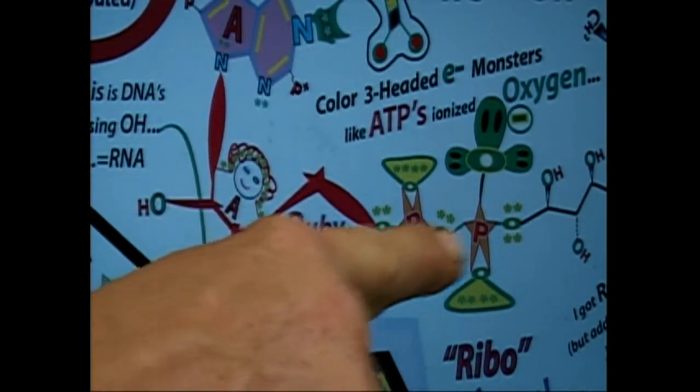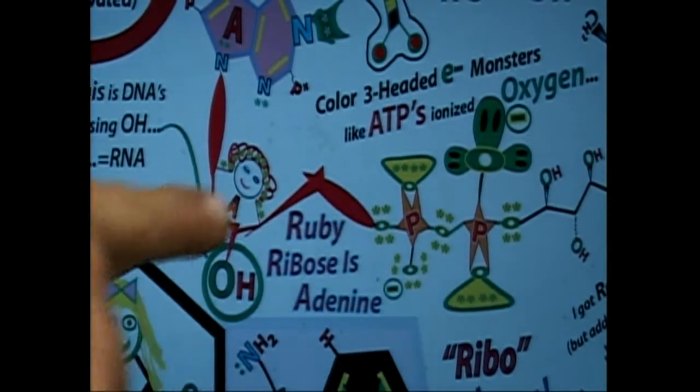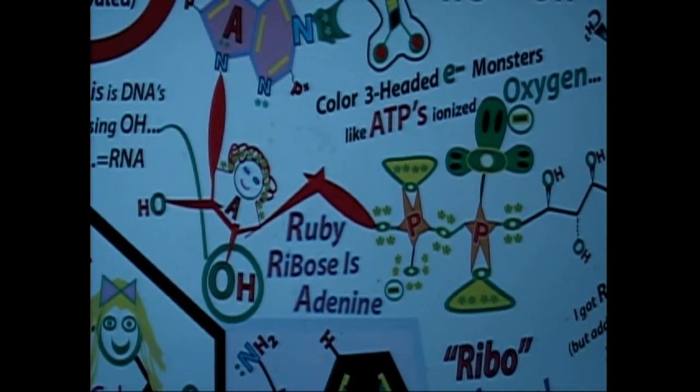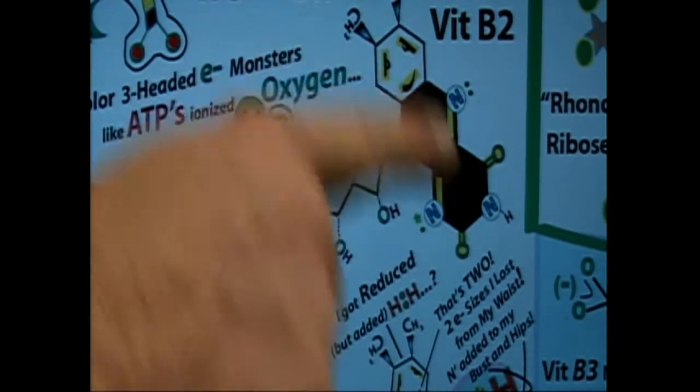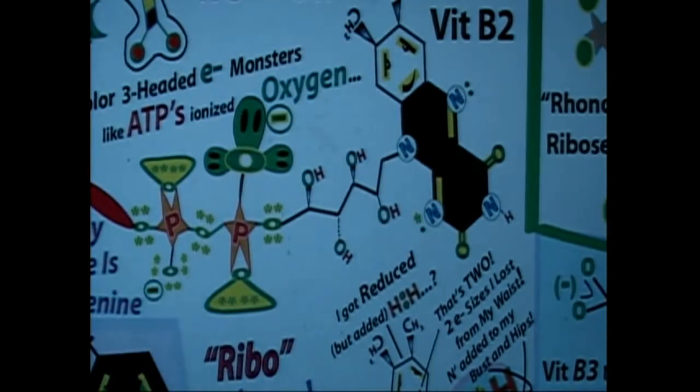Diphosphates, 2 phosphorus, there's the adenine, and instead of being bound to the nicotinamide, single ring structure, it's bound to your B2.